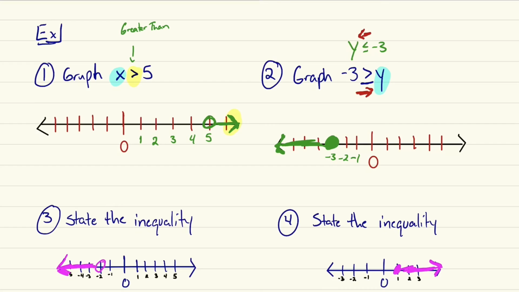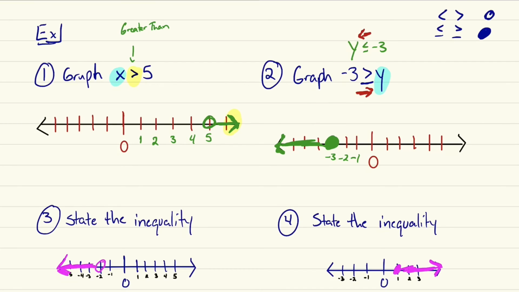So just as a quick recap, I'm going to write in the top right-hand corner here just a little thing that we have. Remember, if we see less than or greater than, we are going to use an open circle. If we see less than or equal to, greater than or equal to, we are going to fill in that circle and use a closed circle.